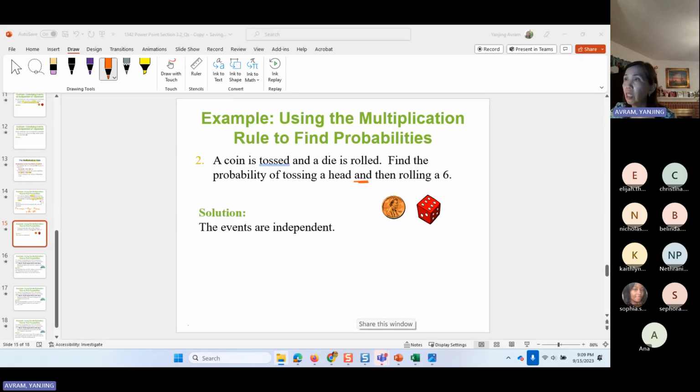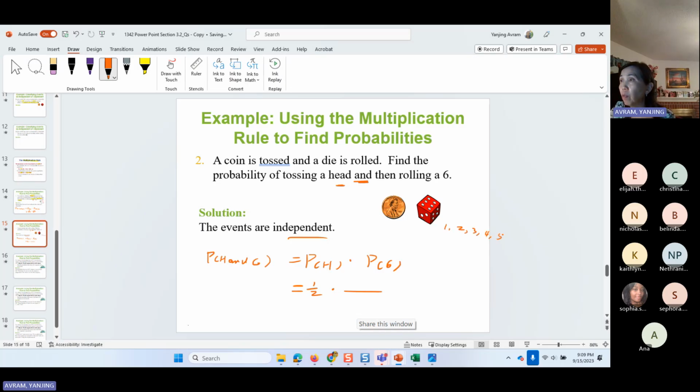Since this one is independent, the probability of getting a head and rolling a 6 equals the probability of the head times the probability of getting a 6. So I just need to multiply those two together. The probability of getting a head, this is a penny, is 1 out of 2.